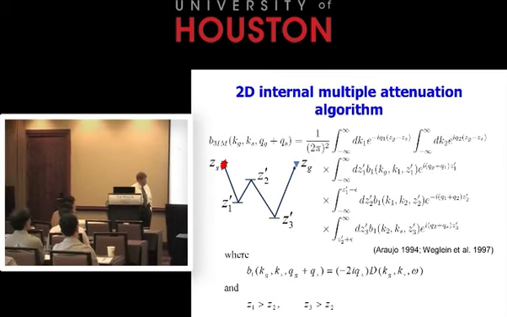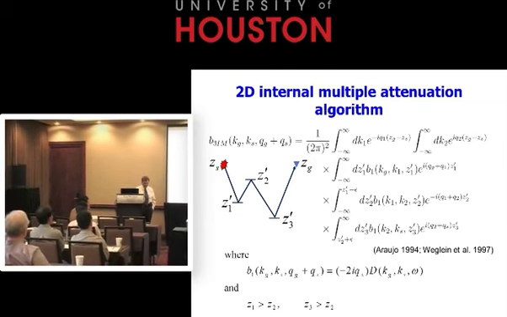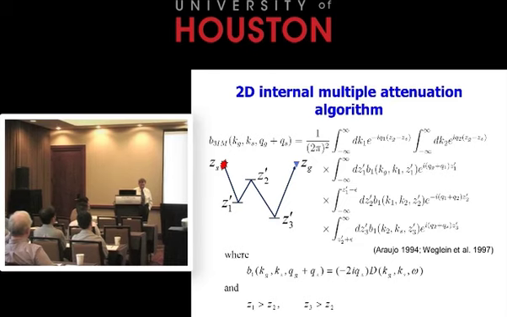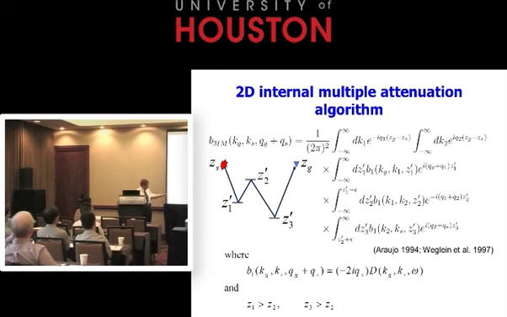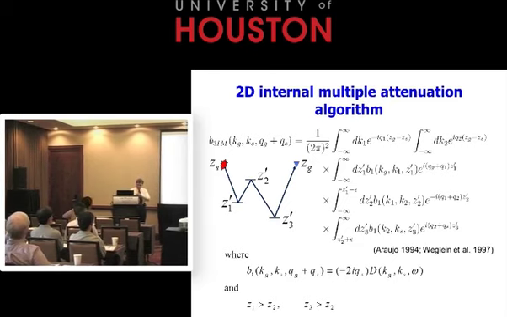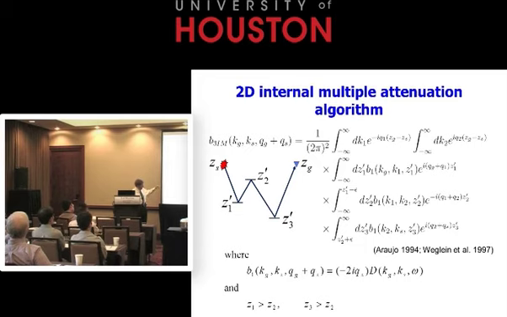Yes. So there's a paper by Richard Coates and myself, 1994, showing that this algorithm can deal with that. Richard Coates, a colleague of Clement, can predict the precise time of every first order internal multiple.